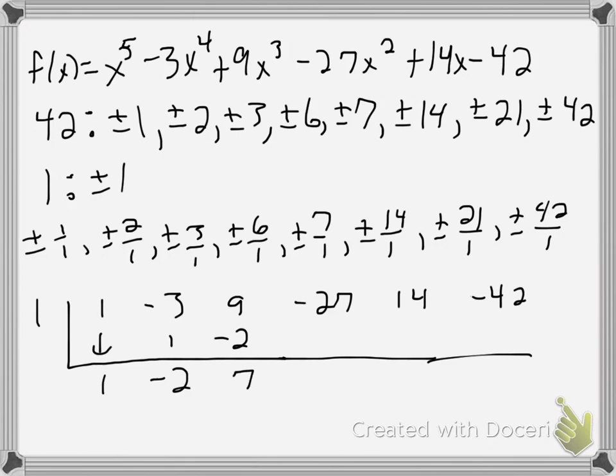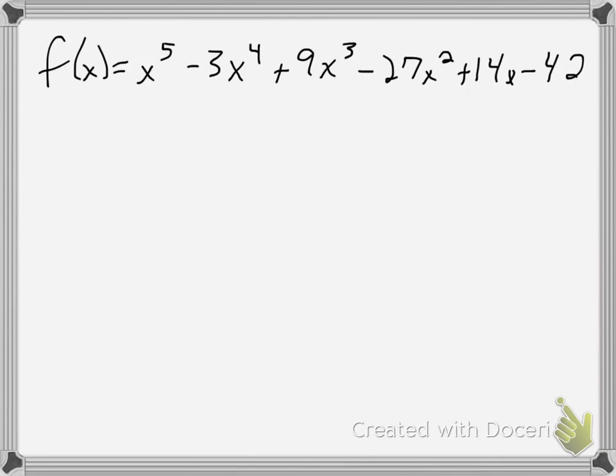Plus 9 gives me 7. Times 1 gives me 7. Plus negative 27 gives me negative 20. Times 1 gives me negative 20. Plus 14 gives me negative 6. Times 1 gives me negative 6. Plus negative 42 gives me negative 48. So 1 is not a factor. Darn. Thought we'd get lucky and get it on our first try.